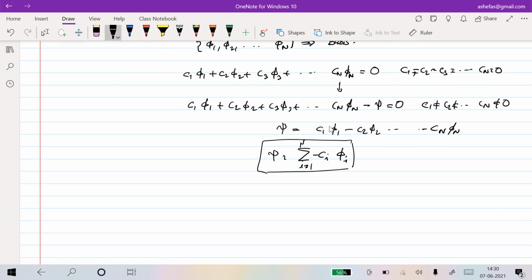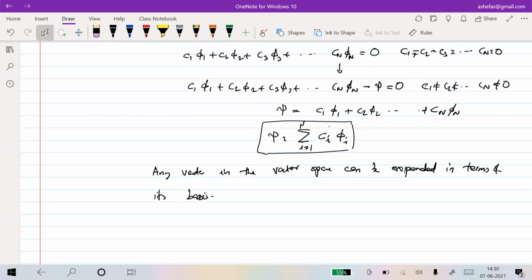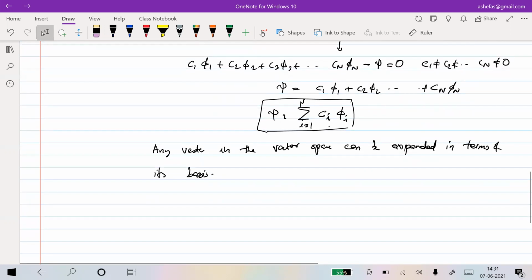So any vector in the vector space can be expanded in terms of its basis. This is what I am going to mention here. So any vector in general can be expanded in terms of basis vectors.